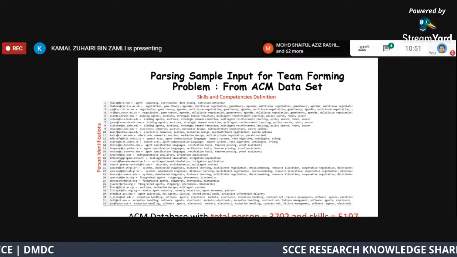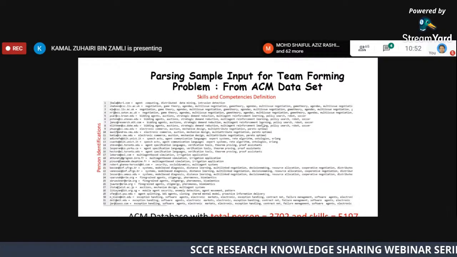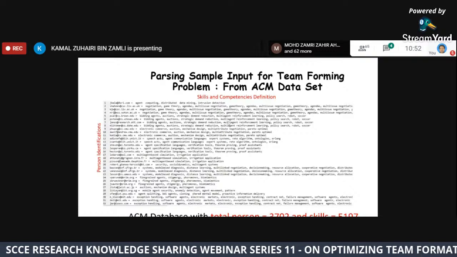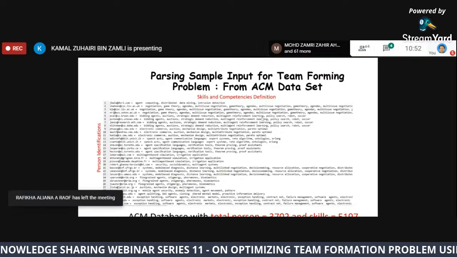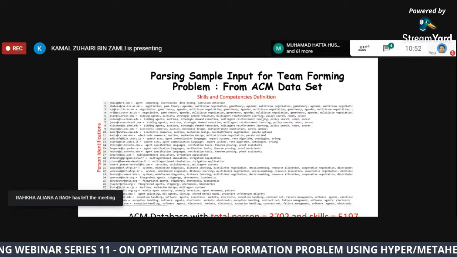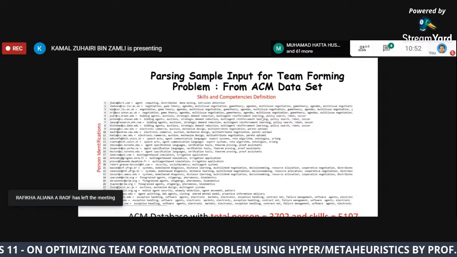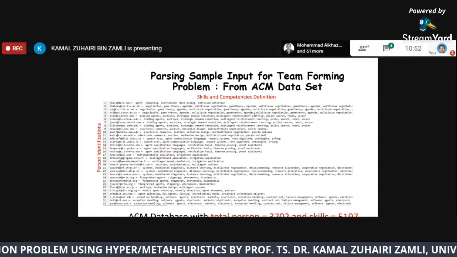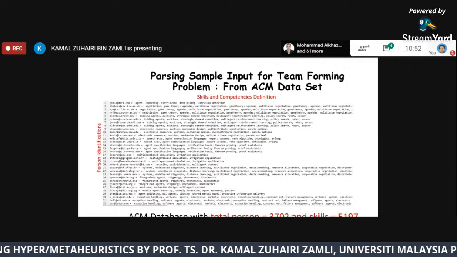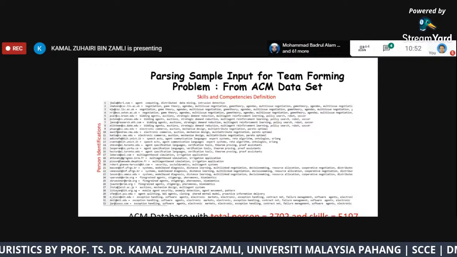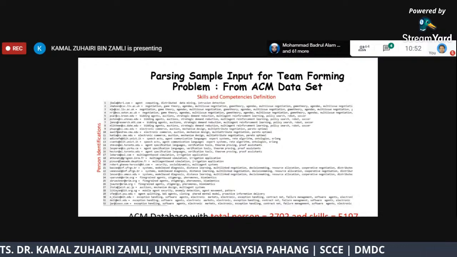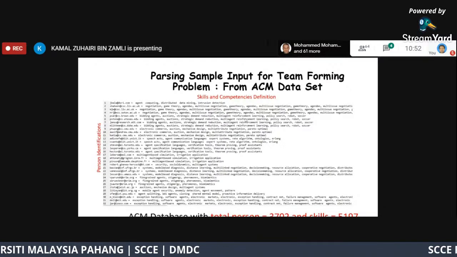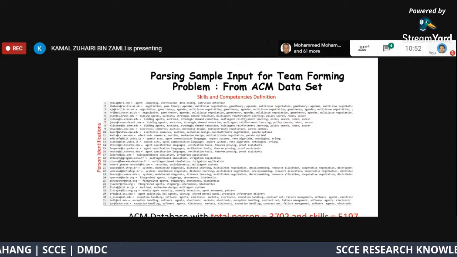These are first converted to matrices, otherwise it will be very slow. If you rely on reading text, it will be slow. So we make integer and float matrices: skill is an integer, but for cost we use a floating number. Then we build the database.